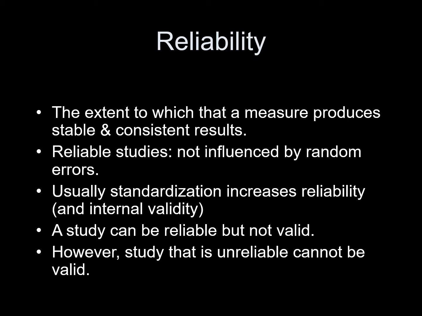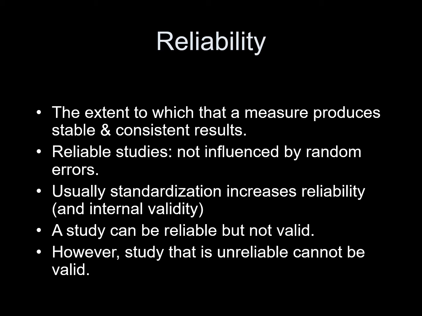So you see that a study can be reliable but not valid. Essentially, you want to think of reliability as the precision of the measurement, and validity as the veracity or the truthfulness of the instrument.